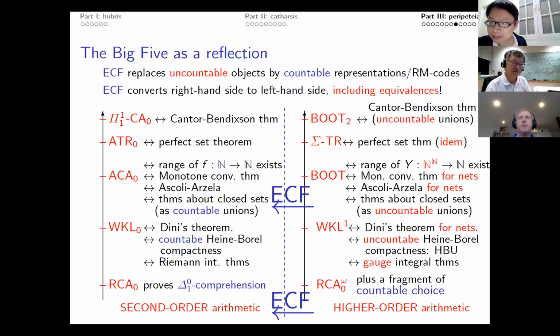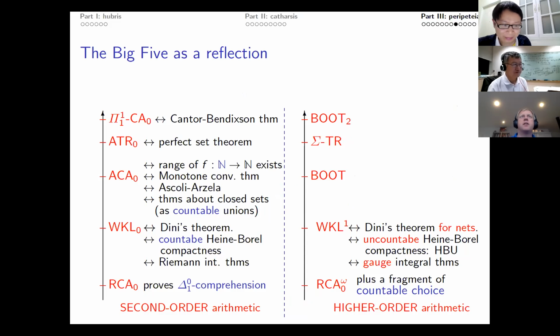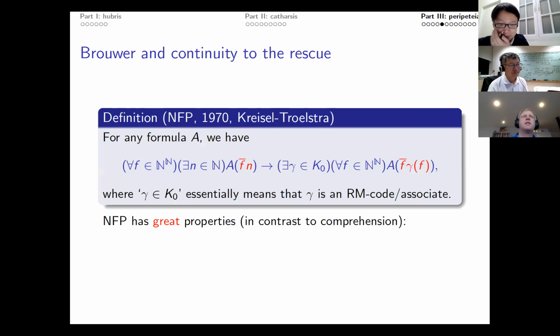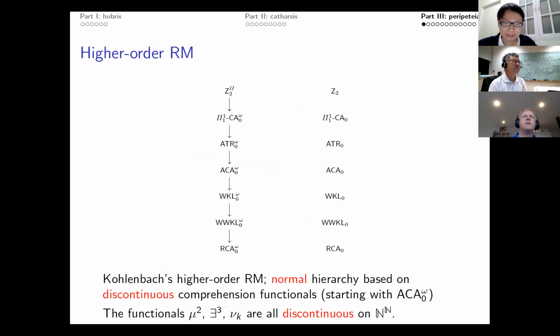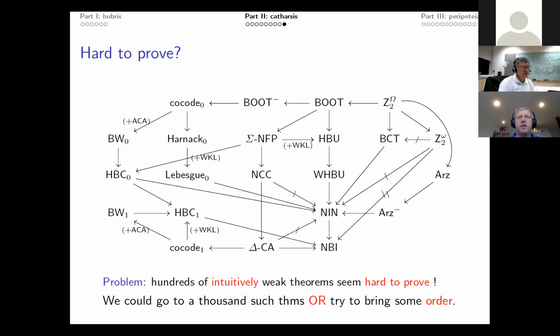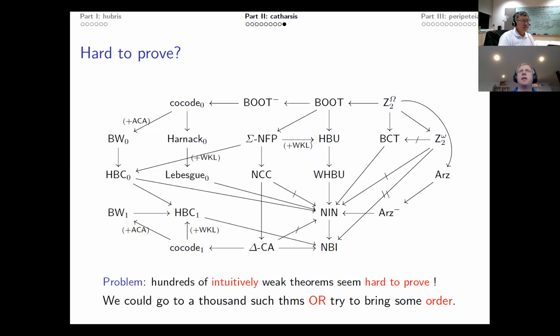And well, this is not the entire story. This is just one part. We have lots of stuff flying around, and this is Arzela's theorem, for example, and there's lots of stuff, and we're still very much investigating this.